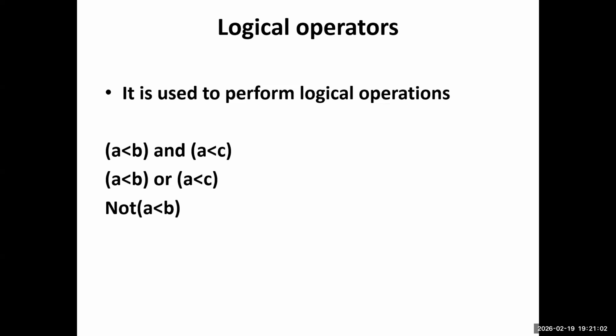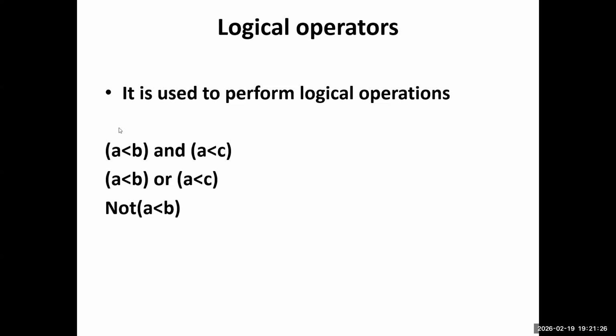I will type it and show you later. Just note down that in the truth table of AND, whenever both conditions are true, then only it is true. Otherwise, if one condition is true and another condition is not true, the result is not true.